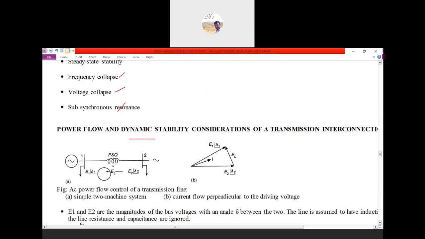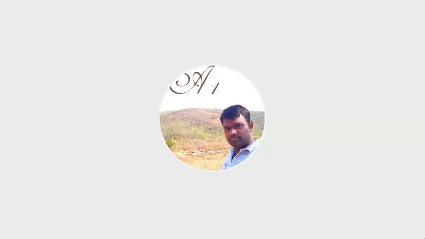If there is variation, then there are two types of stability, steady state and transient state stability. In steady state, the variation is gradual and continuous. The power flow will not remain the same; it will vary continuously.